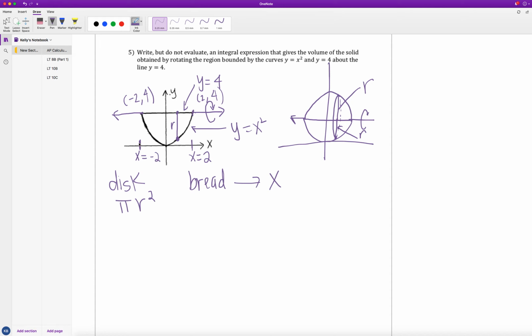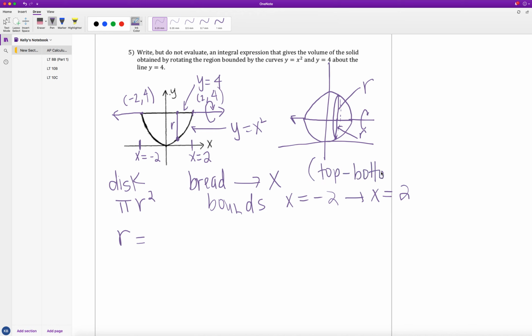So that tells me that my bounds are stacking up from x equals -2 all the way to x equals +2. I know I have a disk since this is a solid object, so I just have one radius that I'm finding. So I need to get an equation for that. Well, I am in terms of x, so I'm going to deal with top minus bottom to get the distance here.